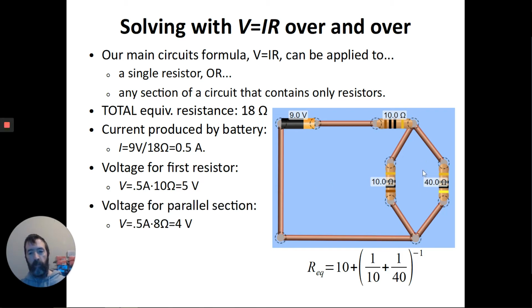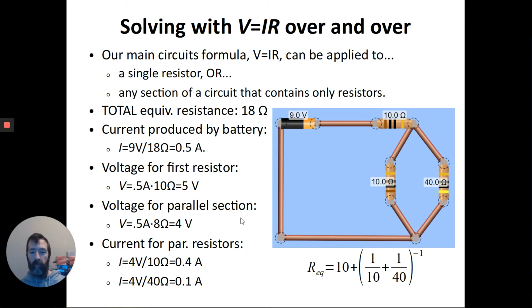I could find the voltage for the parallel section the same way. As long as I'm pretending that the parallel section is a single 8 ohm resistor, V equals IR. The current that flows through that section is half an amp. The resistance of that section is 8 ohms, so I get 4 volts. And then once I know the voltage of that parallel section, I can find the current for each individual resistor.